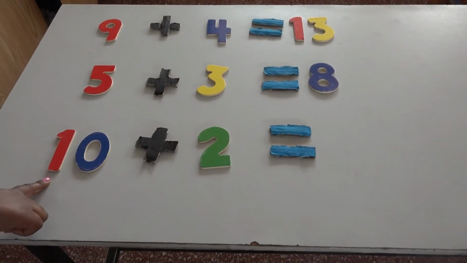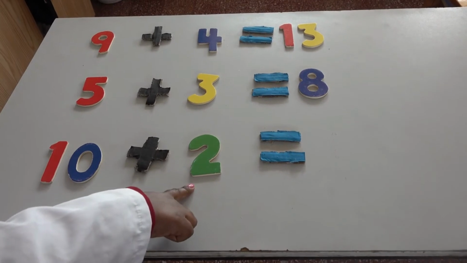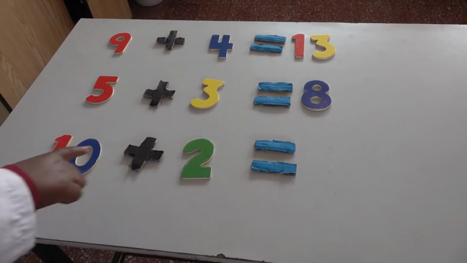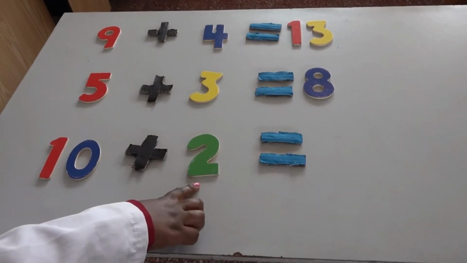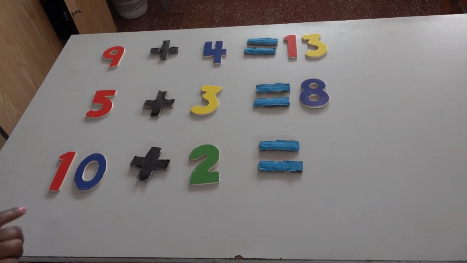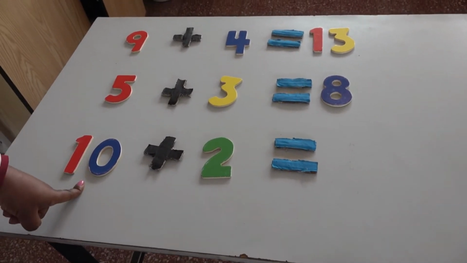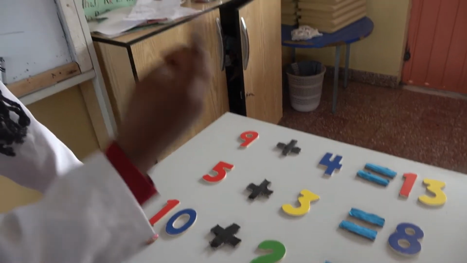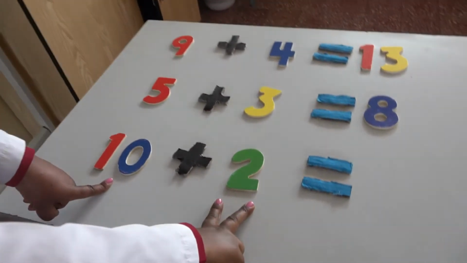Here is number 10 and here is number 2. When we read 10 plus 2, 10 is bigger than 2 and number 2 is smaller than 10. So we point on the bigger number and arrange 2 fingers for the smaller one. 1, 2. See? 2 fingers.